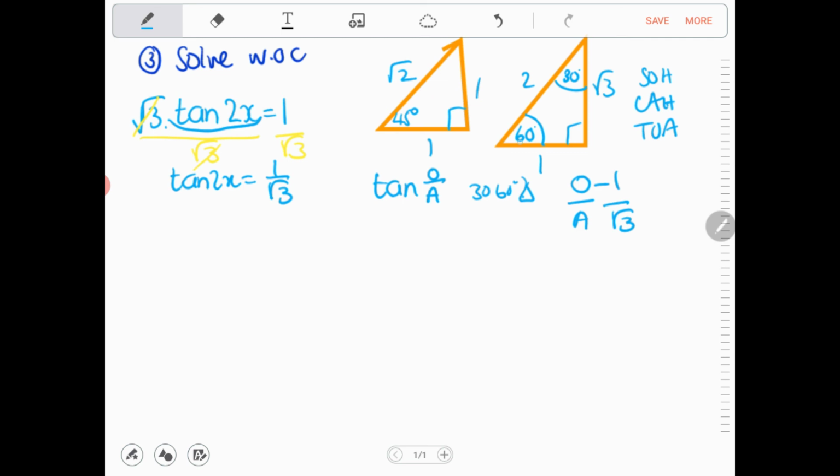Okay, so for 60, opposite is root 3, which is not the same as this. So let's try the 30. For the 30, opposite is the 1 and adjacent is the root 3, which means that the angle that gives you a 1 over root 3 for tan will be equal to 30 degrees. So now I'm going to finish, one term on each side, so I'm going to divide both sides by 2.